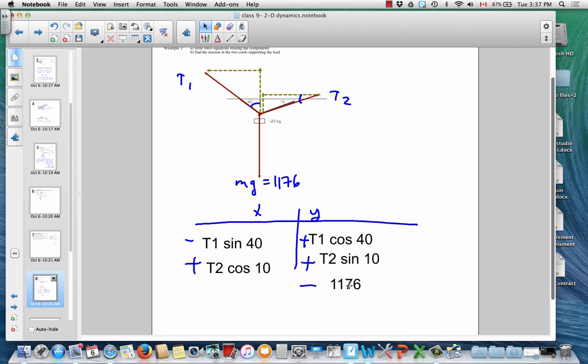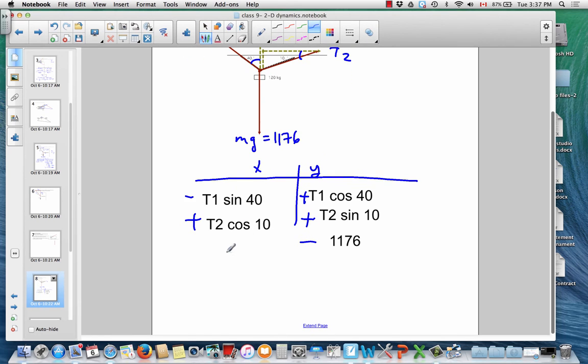1176. And so because these are at rest, we can write out the following force equations, because in the x direction, the forces have to add to 0, or be balanced. So if we write the sum of the x forces, we could say that these two have to sum to 0.